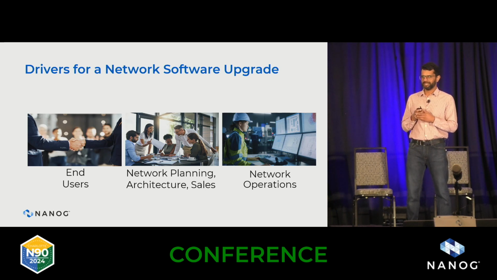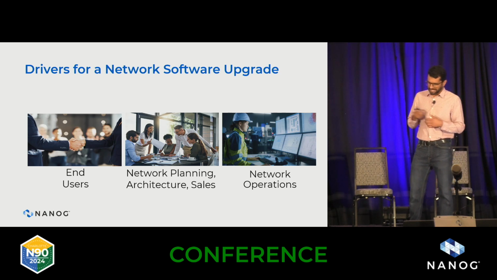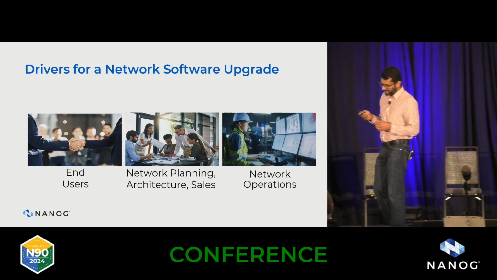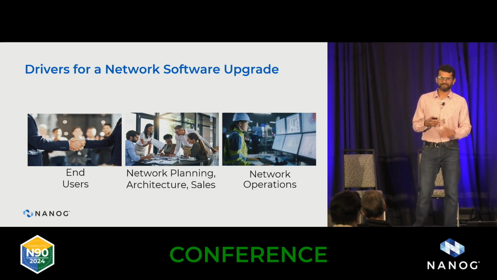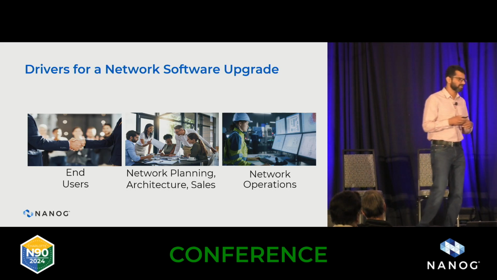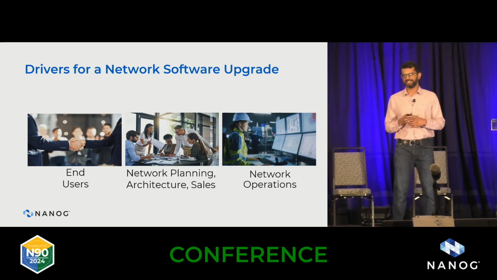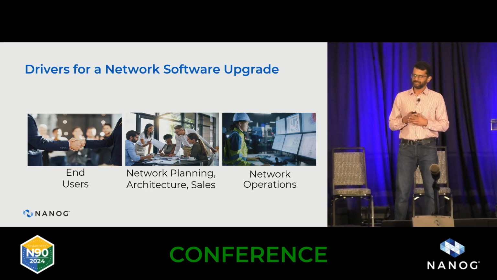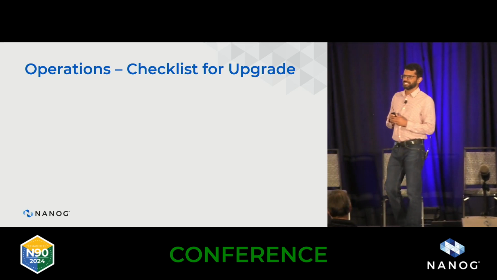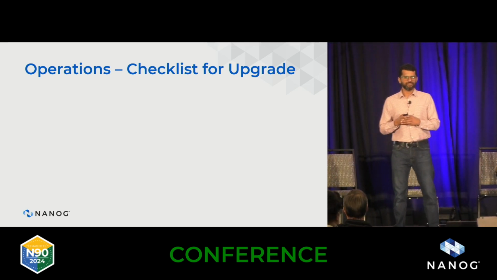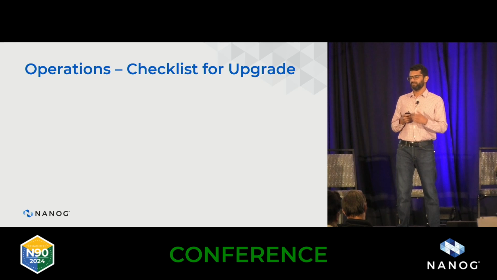But in addition to deciding for an upgrade, the network operations team is the team that's executing the upgrade. They are responsible for the end-to-end process, starting from the planning stage all the way to executing the upgrade. So let's look at some of the items that the operations team will need to consider during the planning stage and while doing the upgrade.